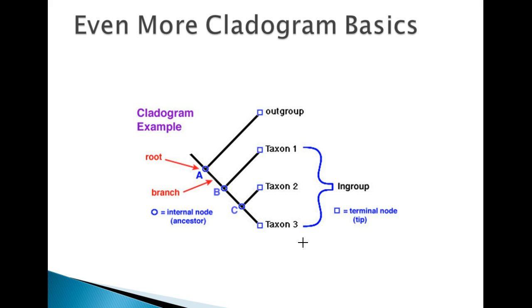Now in contrast, a grouping of taxon 1 and 2 without taxon 3 is not a clade. So there's no way to snip so that 1 and 2 would only come off by themselves. So if you snipped here, taxon 3 falls off. So 1 and 2 are not considered a clade.